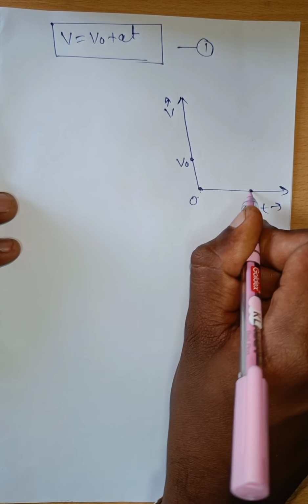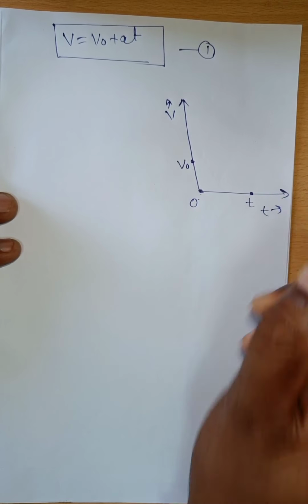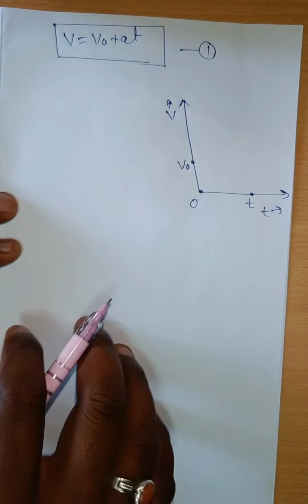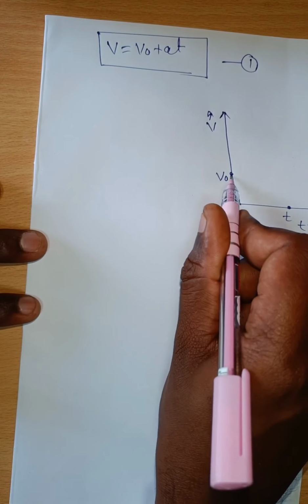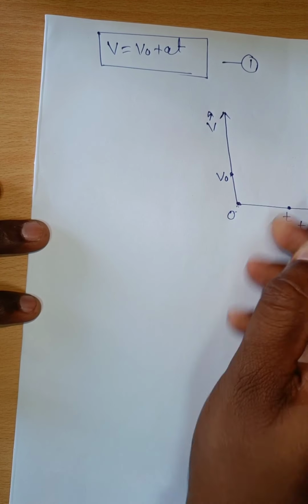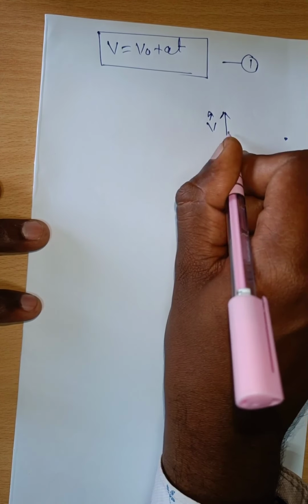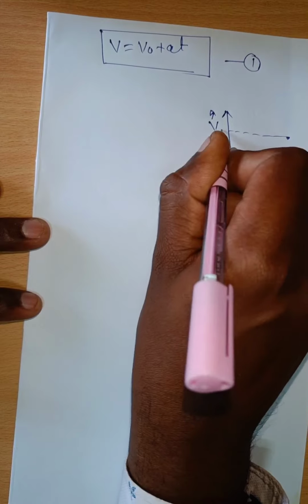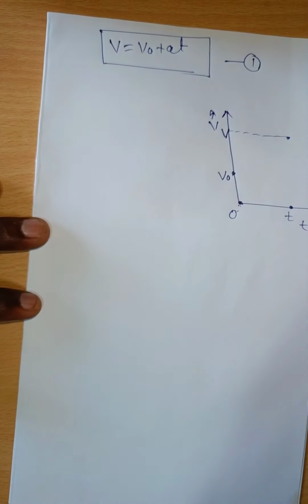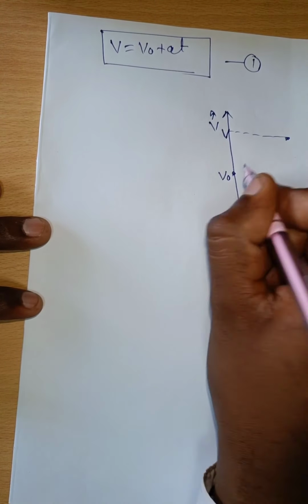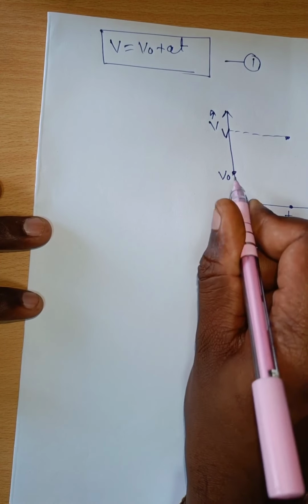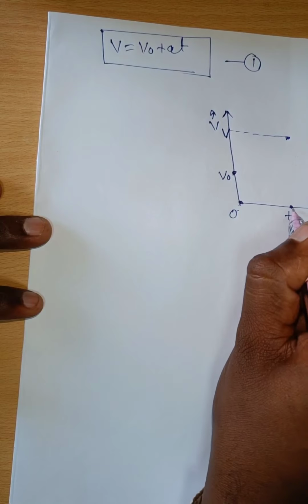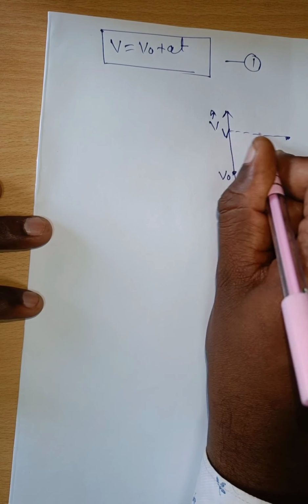When time is some t, the final velocity is v. When time is 0 second, velocity is v naught, and when time is t, the velocity becomes v.